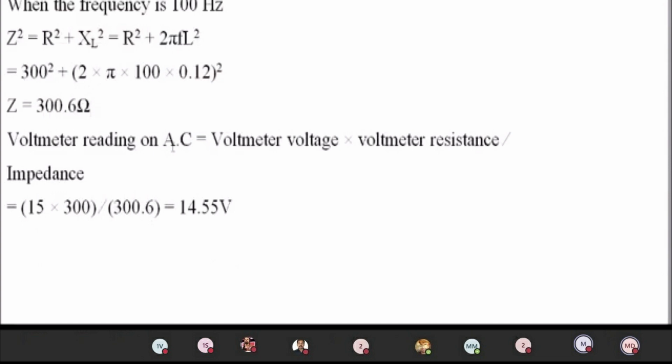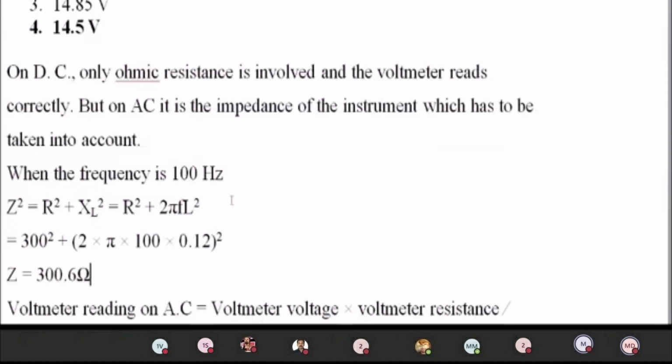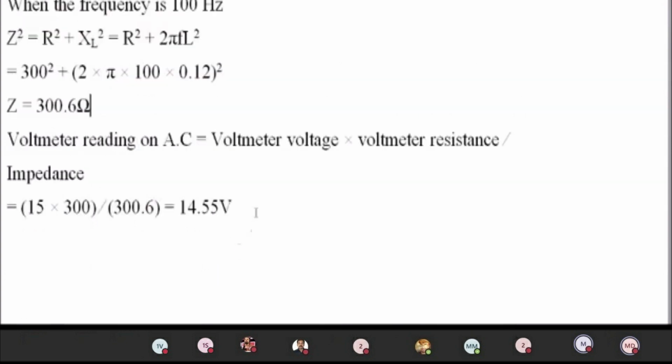Now for this impedance and frequency, what is the question? When the frequency is 100 Hz, we use 100 here, and the impedance is 300.6. So with this frequency, what will be the meter reading? The voltmeter reading is given as voltmeter voltage into voltmeter resistance, the whole divided by impedance.